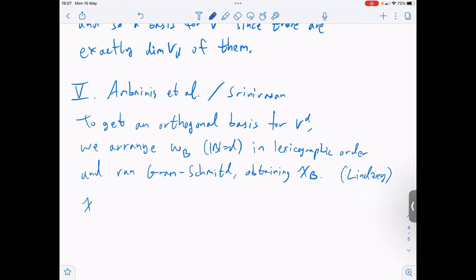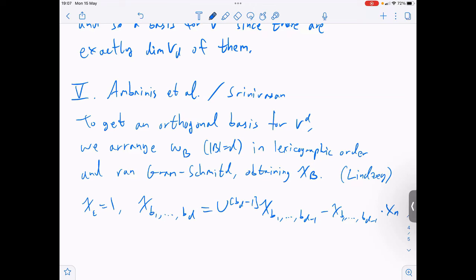So we take the empty string to be 1, and then phi of b1 to bd is going to be, we apply the up operator to phi of b1 up to bd minus 1, and then we subtract phi of b1 to bd minus 1 times xn.